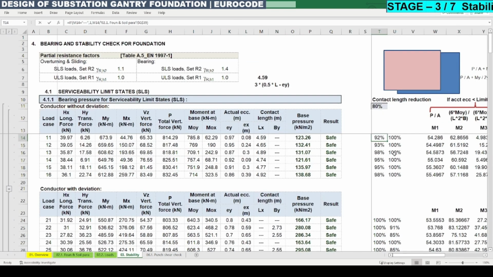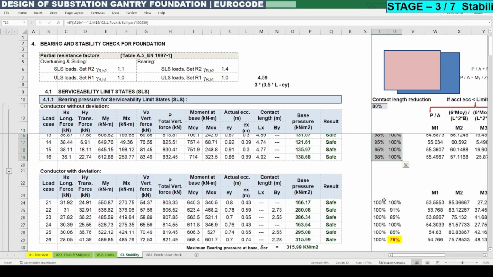The same equation we are applying here, and in this direction there is no reduction of contact length. So 100% of the width direction is in contact with the soil from the foundation. In these cases there is no reduction in the contact length, so we can consider 100%.